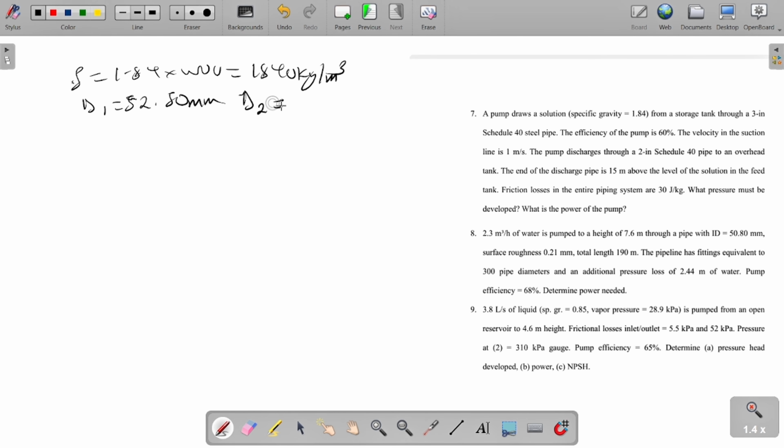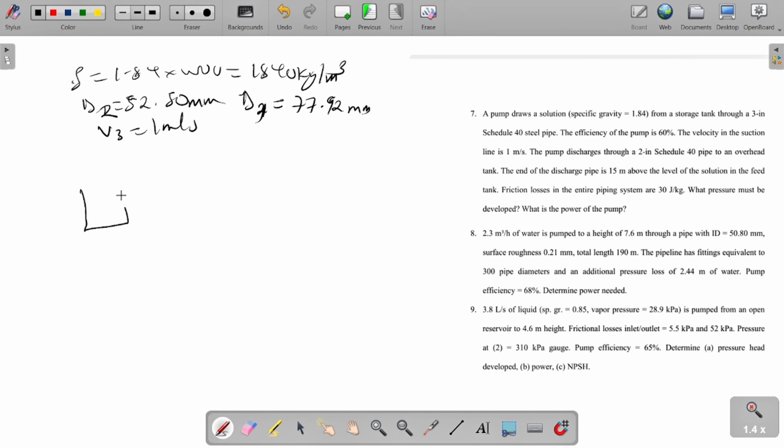Then the 3 inch pipe has a diameter of 77.92 millimeters. This is D1 and this is D2. And they gave us V3 to be 1 meter per second.